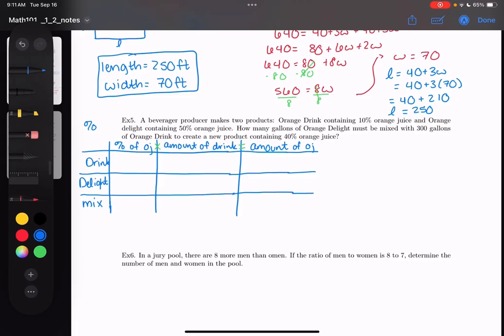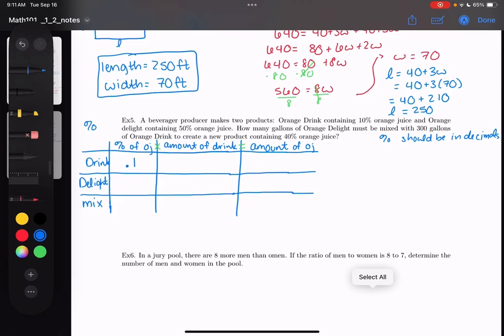Also, I want us to be careful here. Whenever you are working with percentages and putting them in equations, you should always change them to decimals. So percentages should be in decimals. The percent of orange juice in the orange drink is 10%, so that's 0.1.